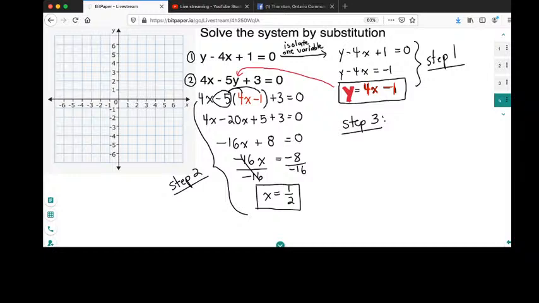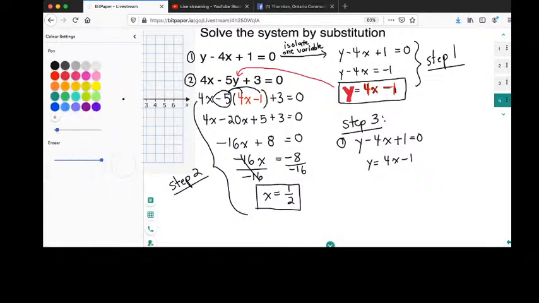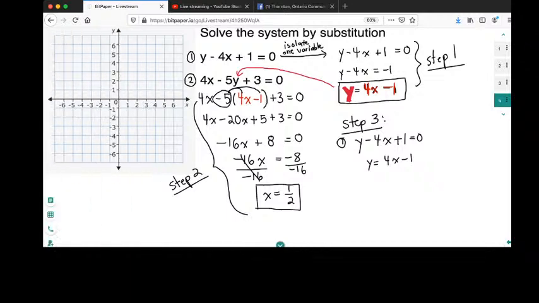So let's go ahead. Equation number 1 is y minus 4x plus 1 equals 0. Or you could use the isolated equation that we just solved. Doesn't really matter. So this rearranged is y equals 4x minus 1. And I'm going to take this value of x, and this time I'm going to use blue, x equals a half.